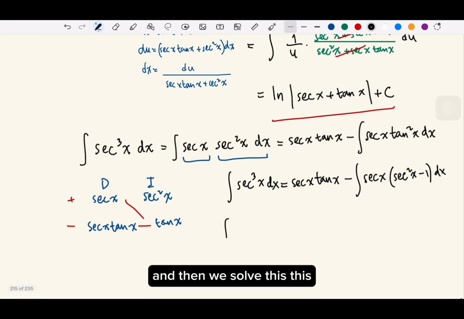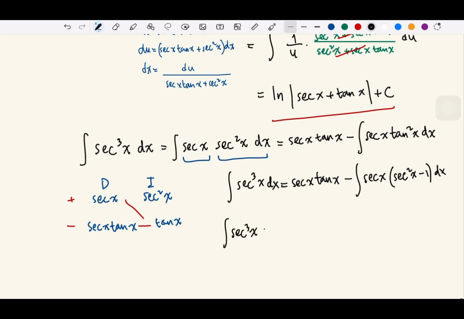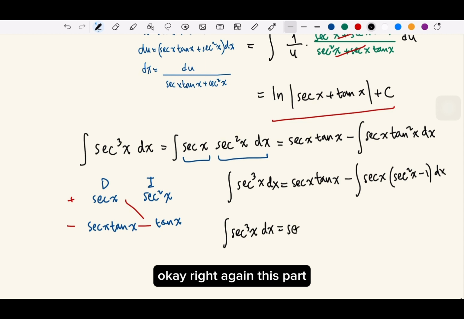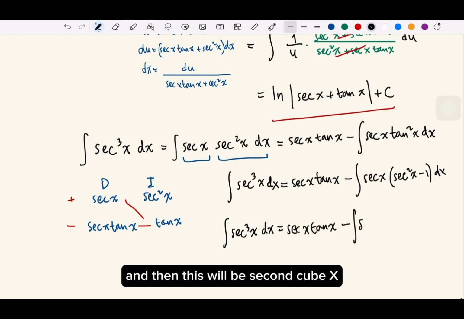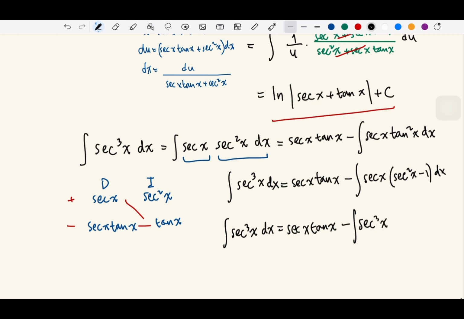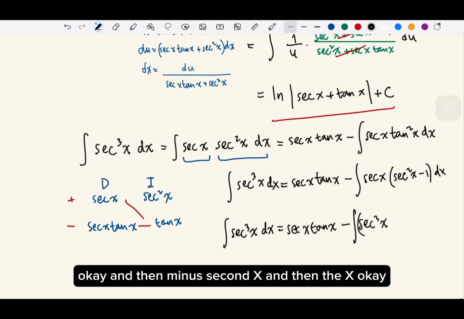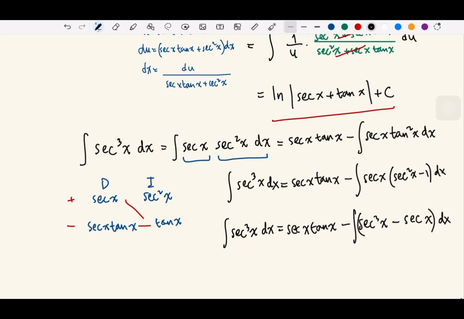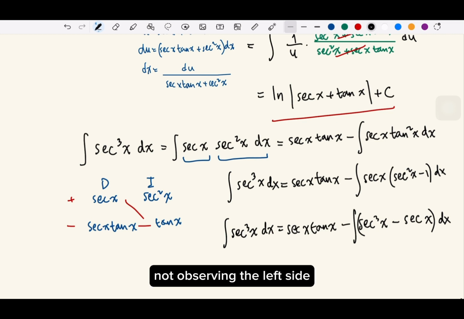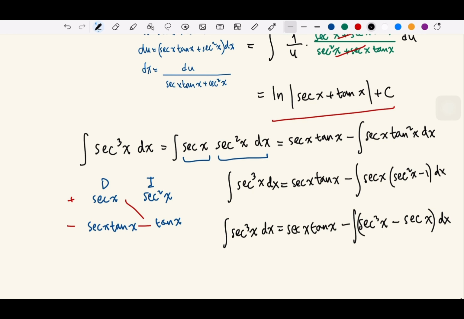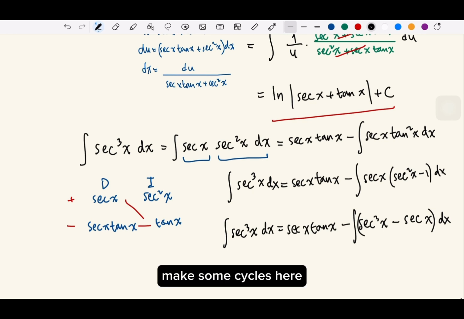And then we solve this. Write this part again, and then this will be secant cube x minus secant x dx. Now if you are not careful enough and you are not observing the left side, you will try to make some cycles here and it will not be finished.